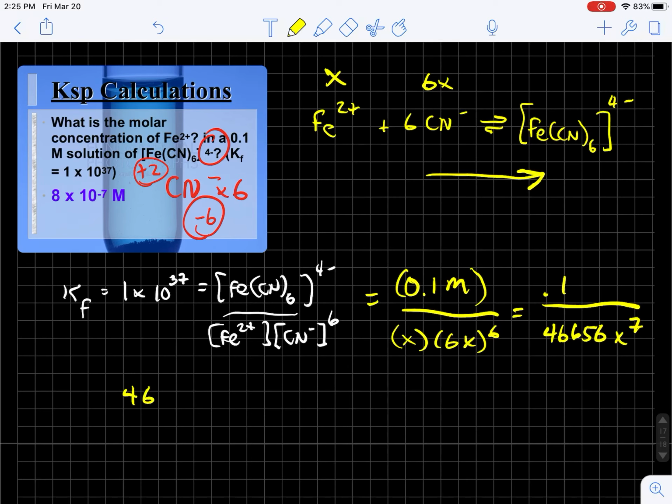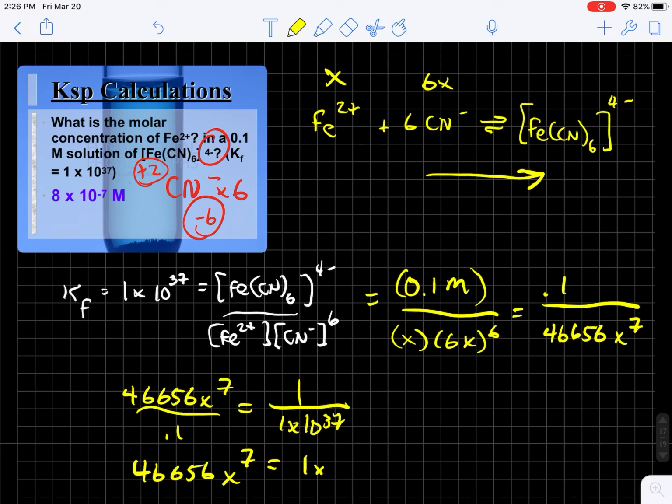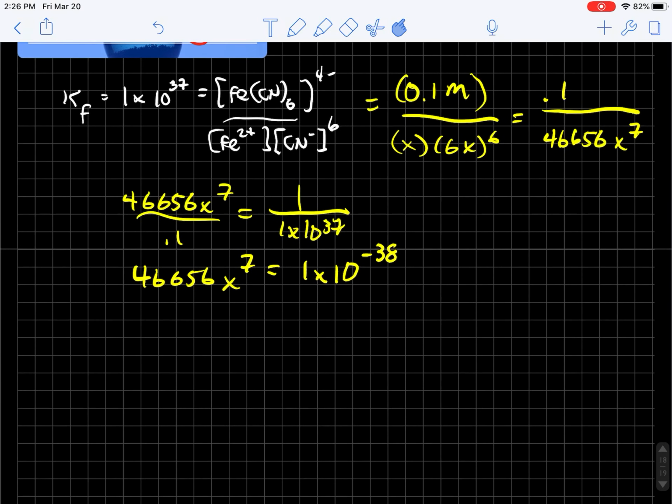All right, so now we can solve for X. 46,656 X to the 7th over 0.1 is equal to 1 over Kf, which is 1 times 10 to the 37th. So this is going to be 46,656 X to the 7th is equal to 1 times 10 to the minus 38th.